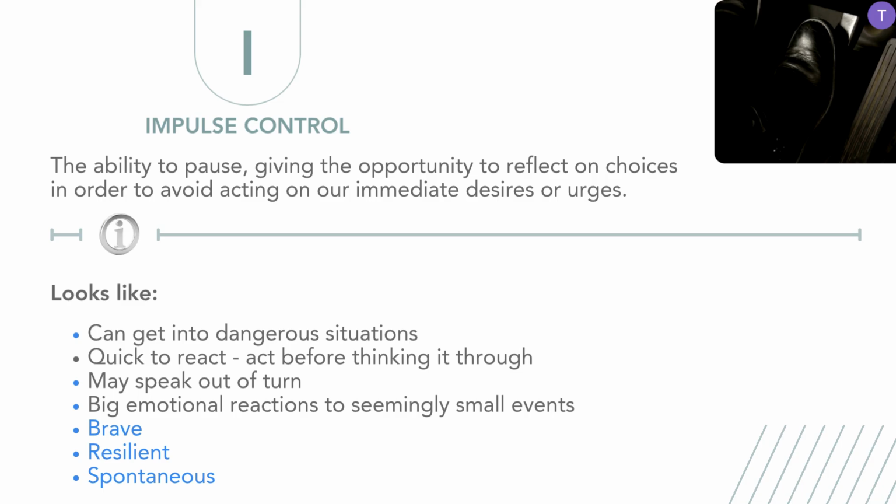They often act before thinking it through. They might speak out of turn. They can have big emotional reactions to seemingly small events. They can act in physical ways before they've had a chance to process whether or not they should be doing that. On the plus side, these kids, man, they are brave, they are resilient, and they are frequently very spontaneous and fun to be around.